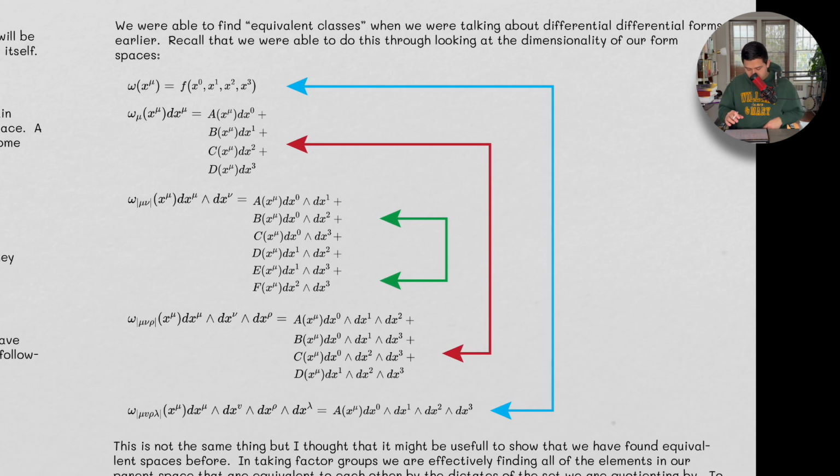They're not really, but we could call them equivalence classes. There's a different name for this. We did a lot of this through Hodge duality.